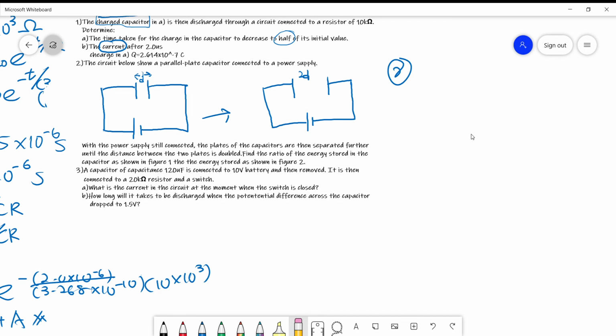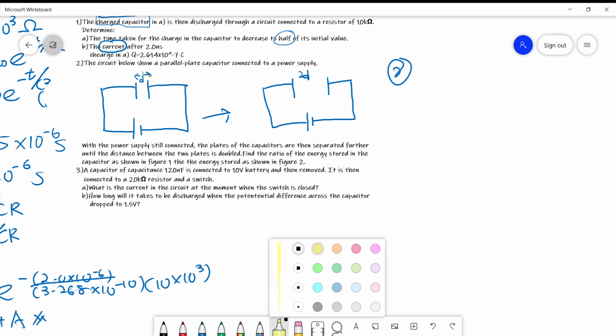Based on the diagram, we can see that the plate separation for the capacitor is initially D. After separating further, the plate separation becomes 2D. So this one is D and this one is 2D.